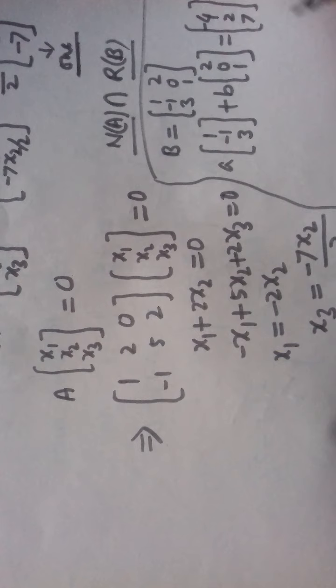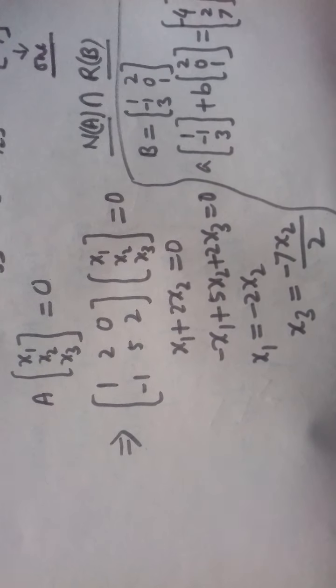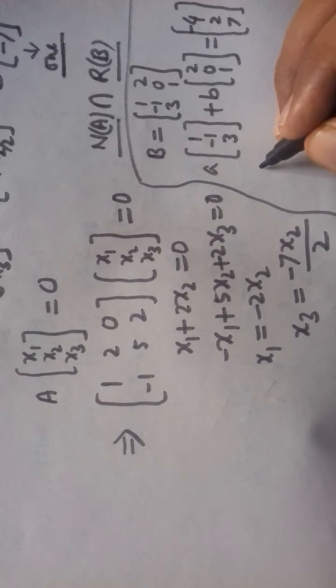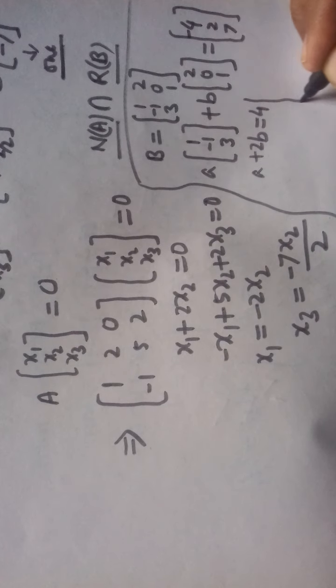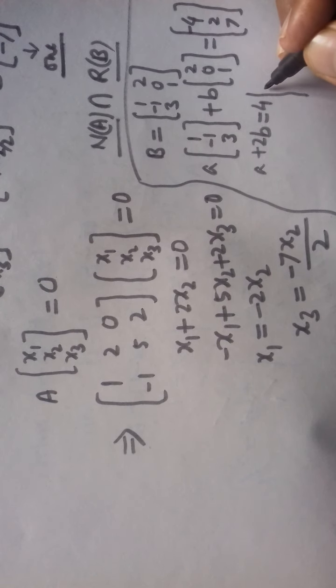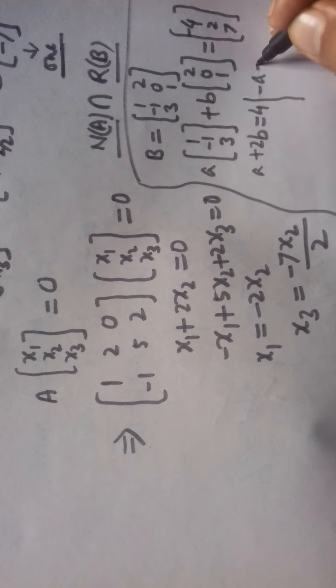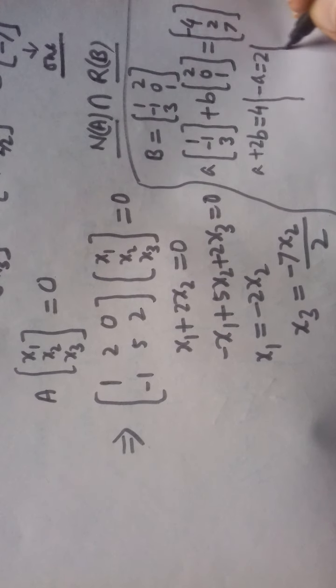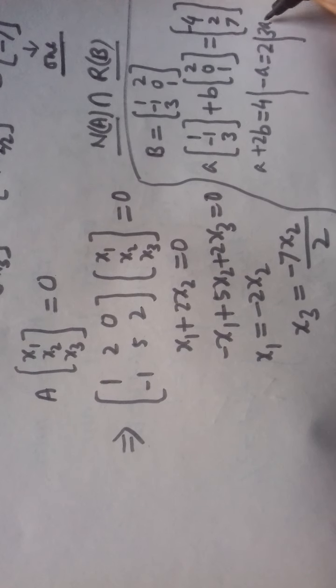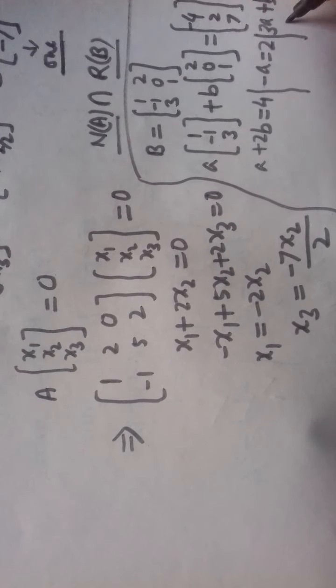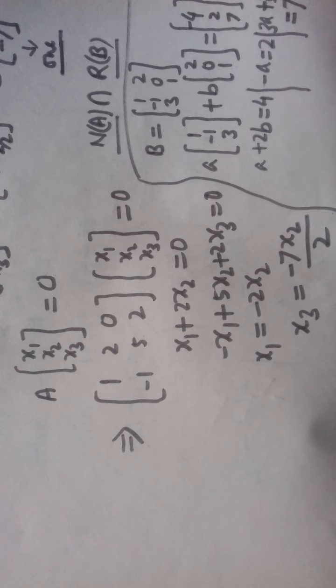Now we have three equations. One is a plus 2b equals minus 4. Second is minus a equals 2. And the third is 3a plus b equals minus 7.